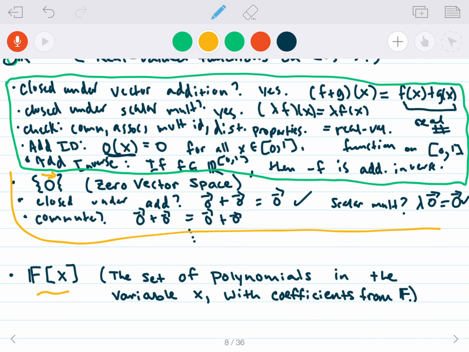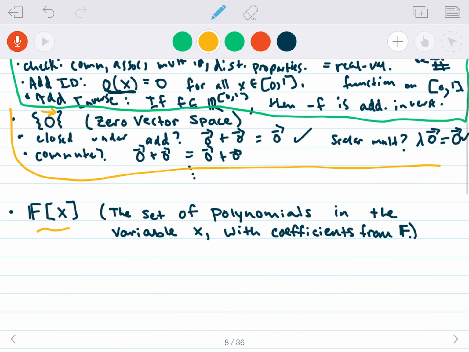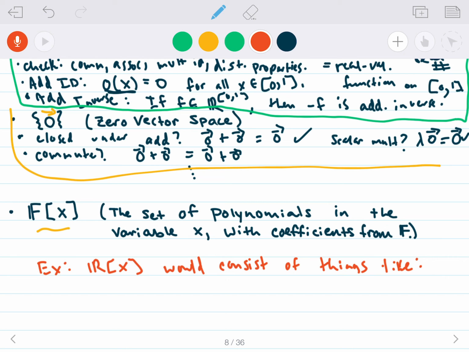And this other vector space, this F[x] thing, is just the set of polynomials in the variable x with coefficients from our field. So for example, R adjoin x would consist of things like, let's see, I don't know, negative 2x plus 3, 4x squared minus 8x plus 900, stuff like that.